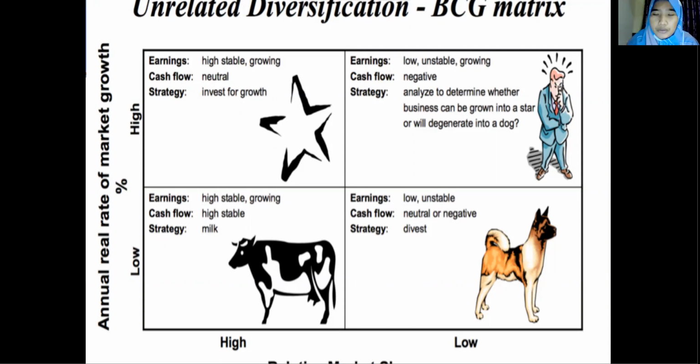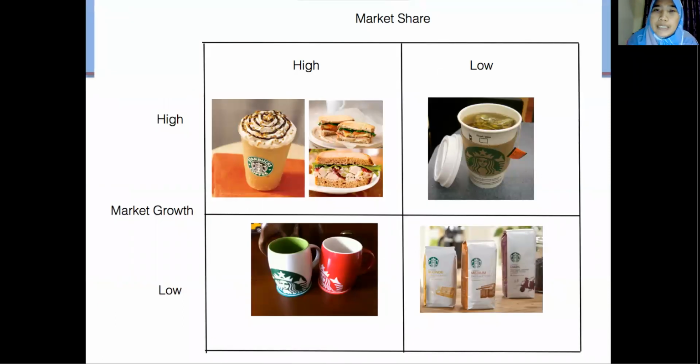Okay, so one thing about BCG Matrix is that hasilnya nanti kita akan dapat tahu setiap division in the company itself dia terletak di kuadran yang mana. Okay, so kita ambil contoh this one. I just want to show you different kind of division ataupun produk lain yang Starbucks ada.